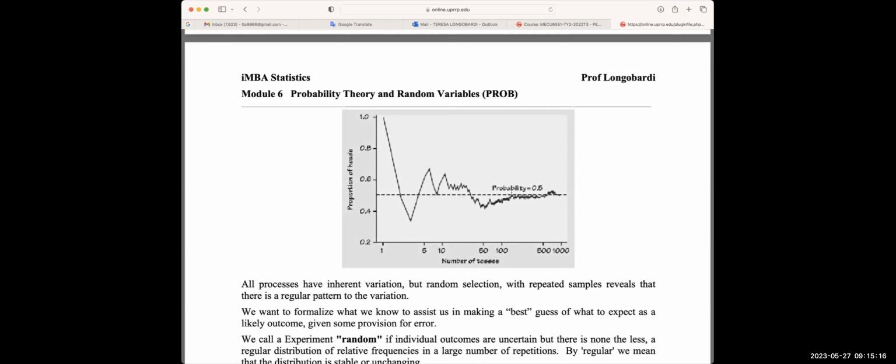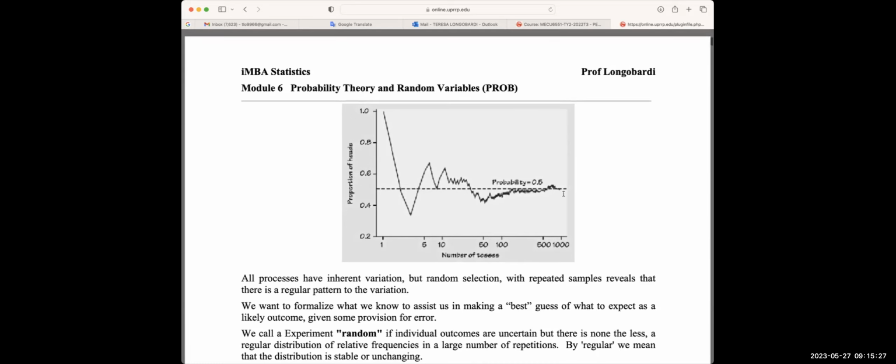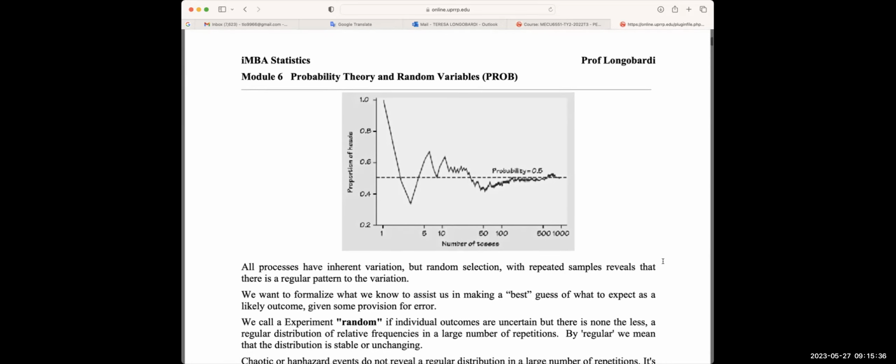At 200 flips, 100 are heads and 100 are tails. It's not always 50%, but it's very close to 50%. So that is the idea of what we understand to be chance, right?